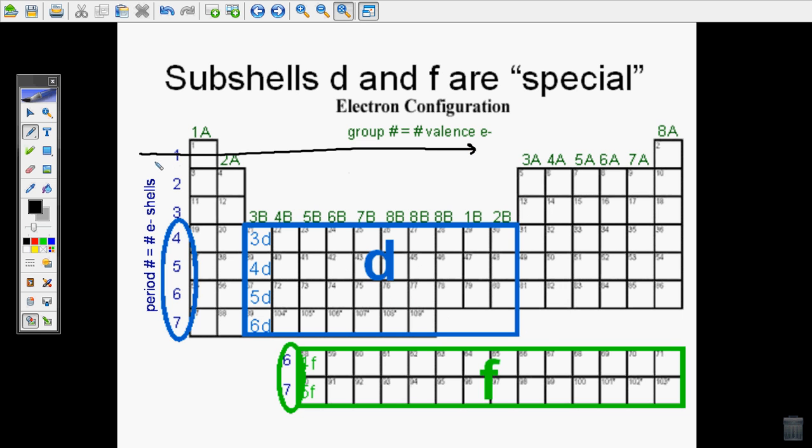So that's how you fill up your orbitals, going this way. When you get to rows 4, 5, 6, and 7, you're going to fill up 4s2, then you go down to 3d10. And then over here you pick it back up. This is 4p1, 2, 3, 4, 5, 6. So when you're doing these transition elements or the larger elements down here, make sure you read carefully.